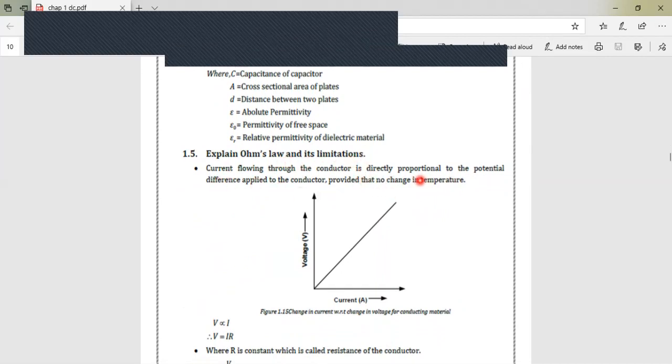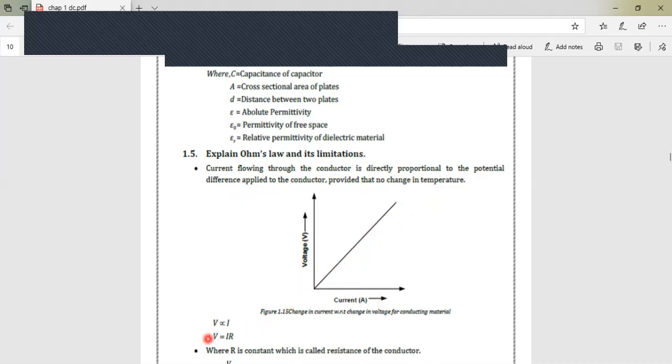This is the statement of Ohm's law: current flowing through the conductor is directly proportional to the potential difference applied to the conductor, provided that there is no change in temperature. This is the graph between voltage and current, and it remains constant.